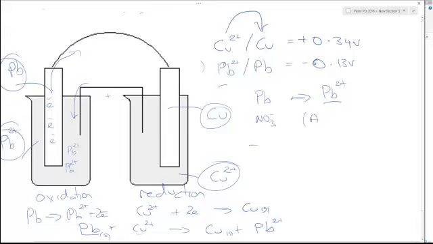A simple way of remembering it is that anions move to the anode. In any exam, that wouldn't be a sufficient answer. You have to explain why.